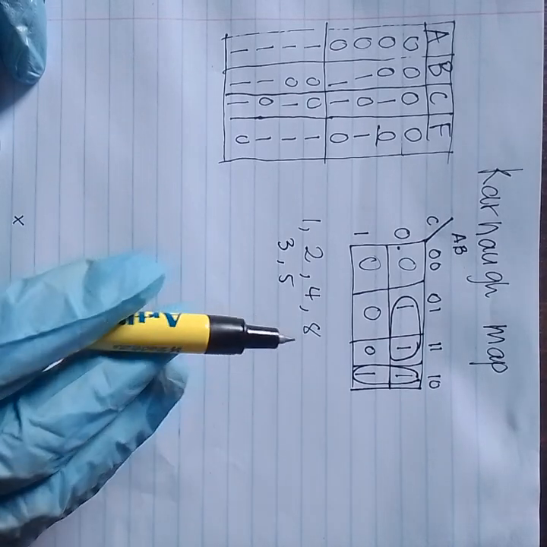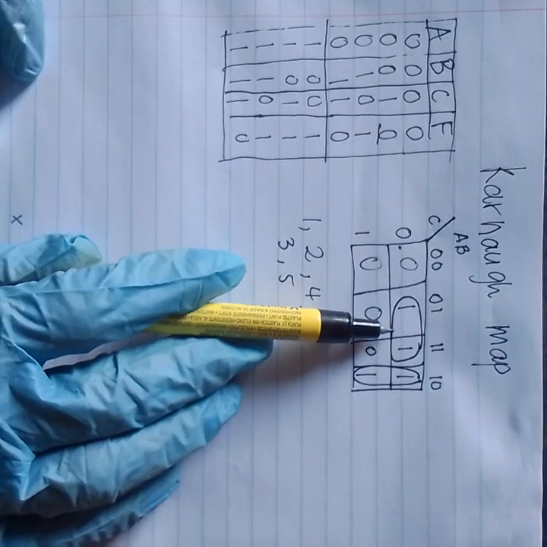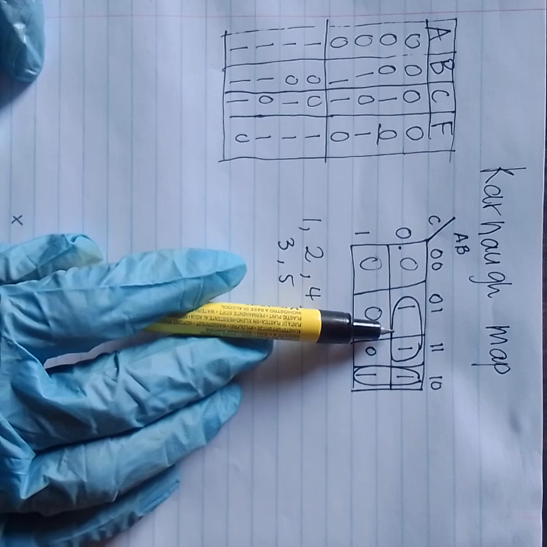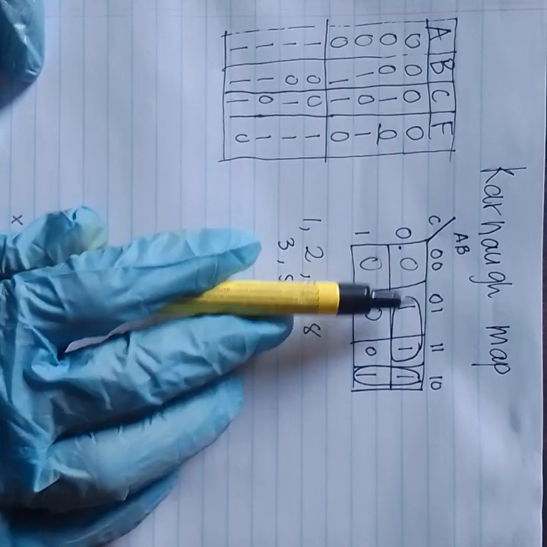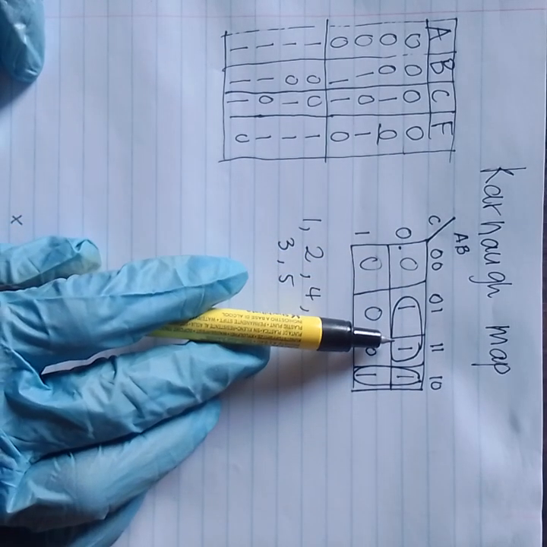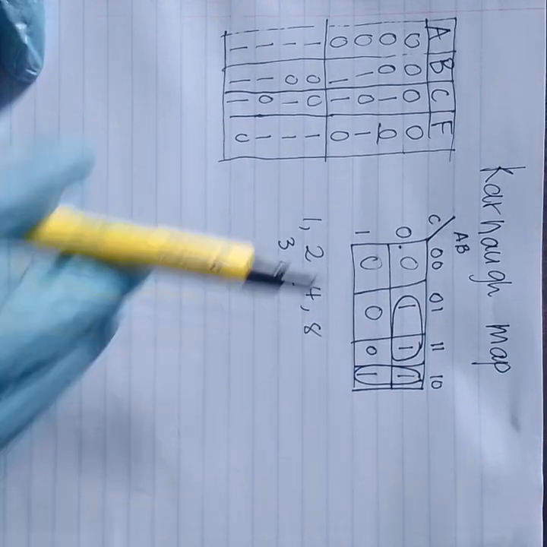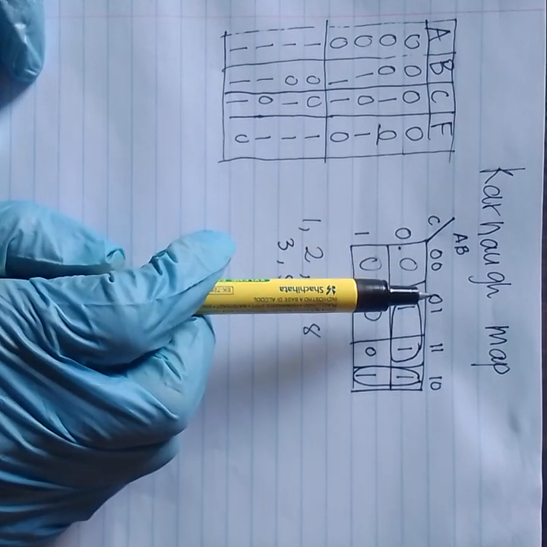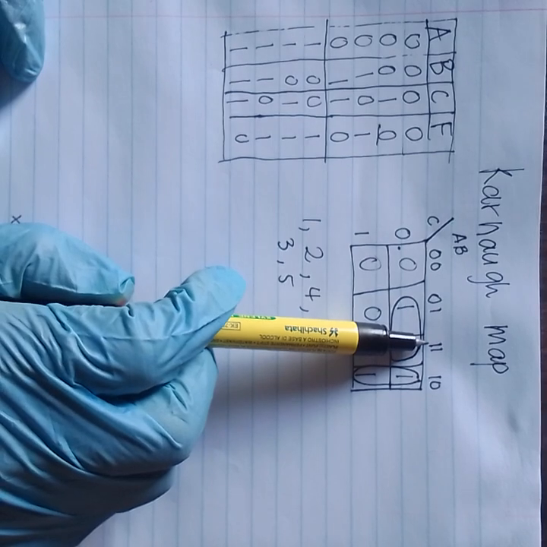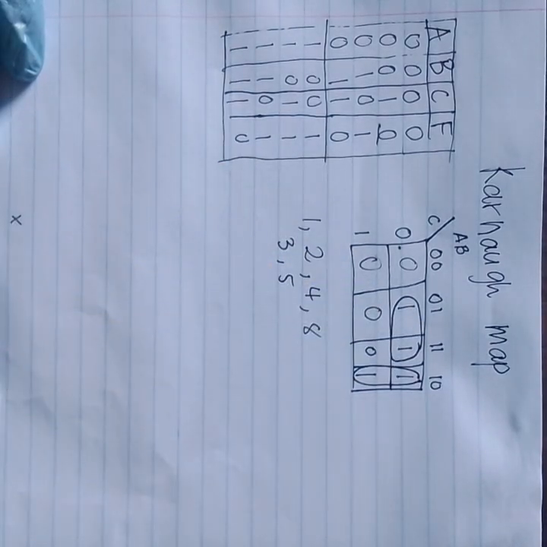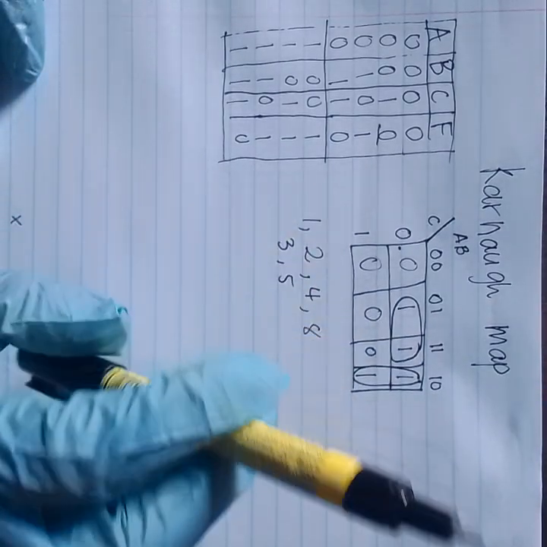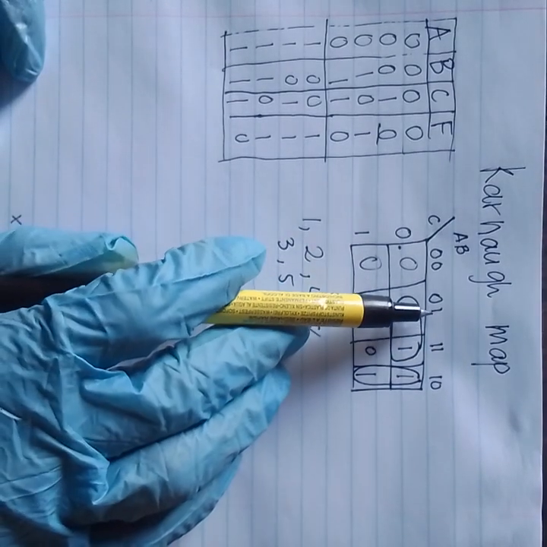What does the horizontal group depend on? Does it depend on A? You have to notice that A changed from 0 to 1, meaning it does not depend on A. And B is constant from 1 to 1.